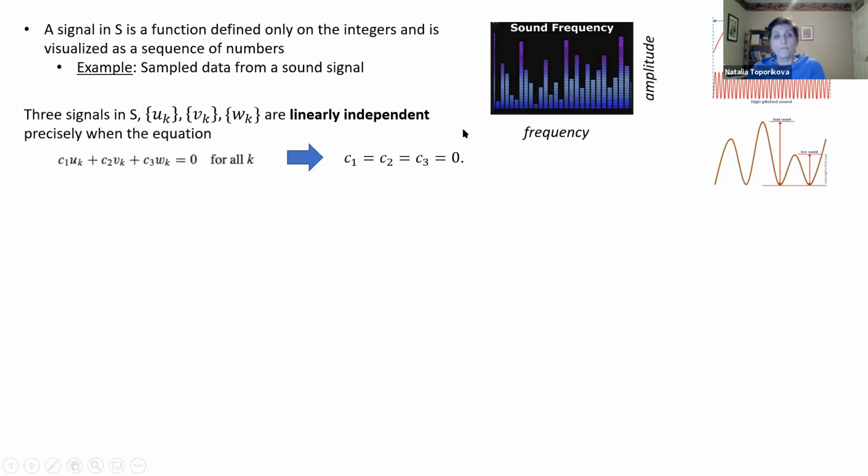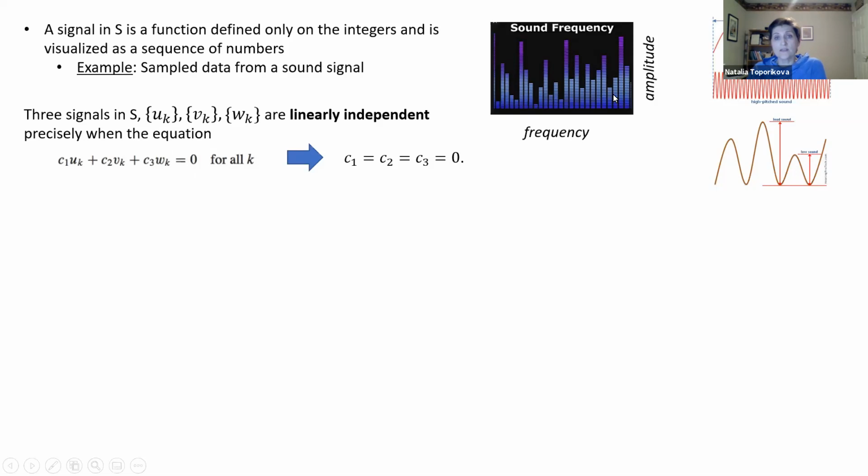An important property of signals, as we saw in the previous examples, is linear dependence. Basically, we said that several signals are linearly independent when their linear combination is equal to 0 only when all the weights are equal to 0.